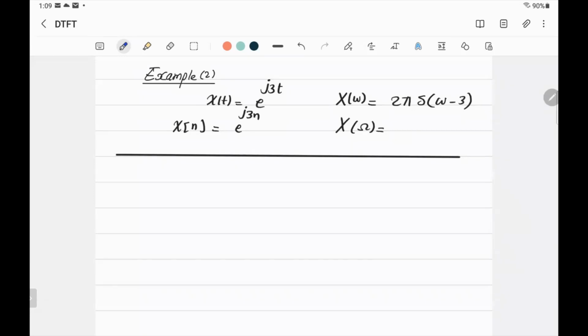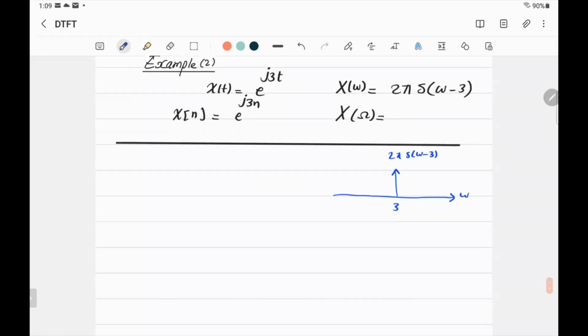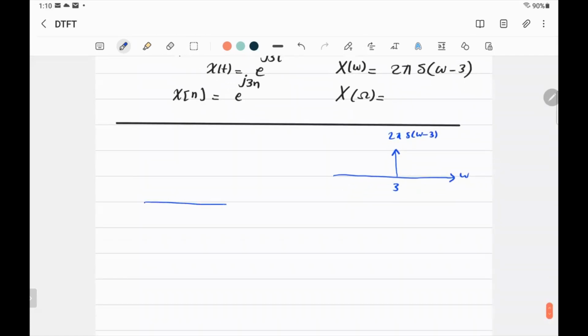Well, it's the same way. I'm going to add 2 pi, subtract 2 pi. You can sketch if you like. I prefer to sketch it just to understand it more, to visualize what's happening. So I have a pulse here, delta omega minus 3, which means at 3. That would be 2 pi delta omega minus 3. If I do the discrete one, it will be the same.